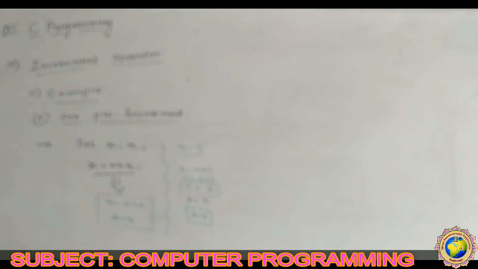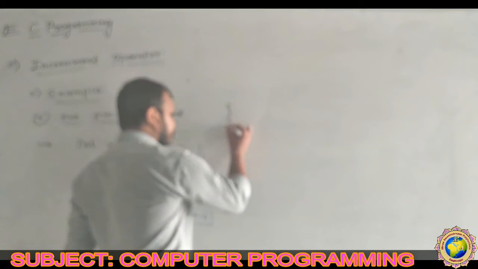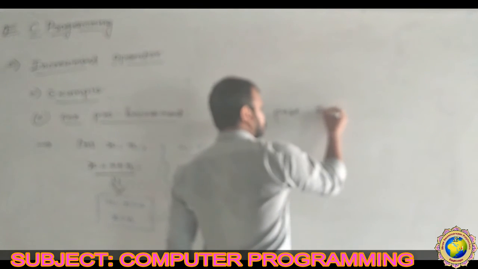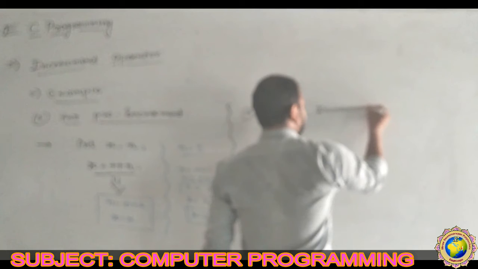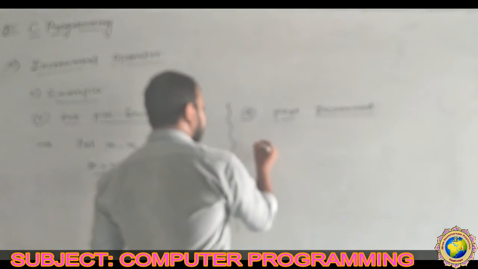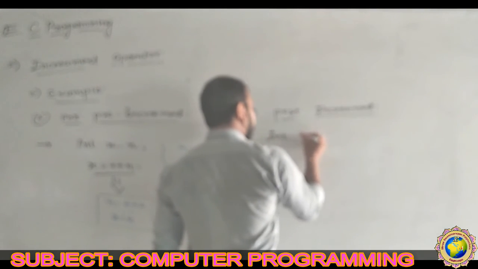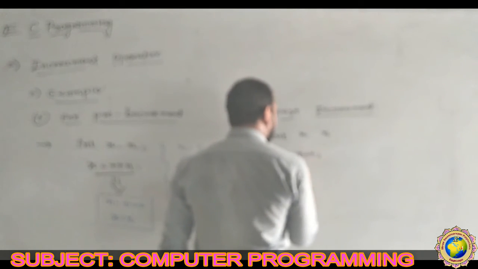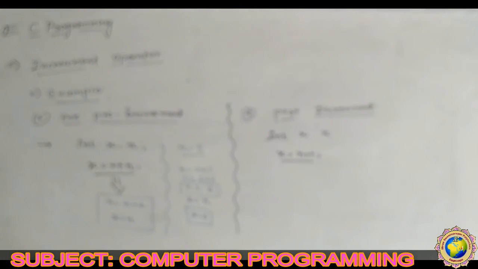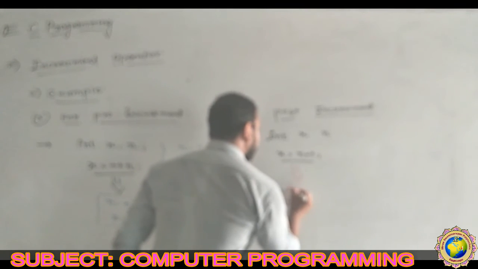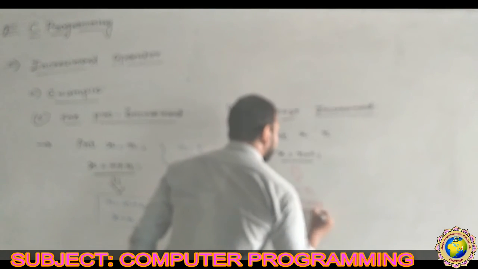And in a post-increment, let's take the same example: integer x and n. I write here x is equal to n++. It means that first of all x is equal to n, then n is equal to n plus 1.